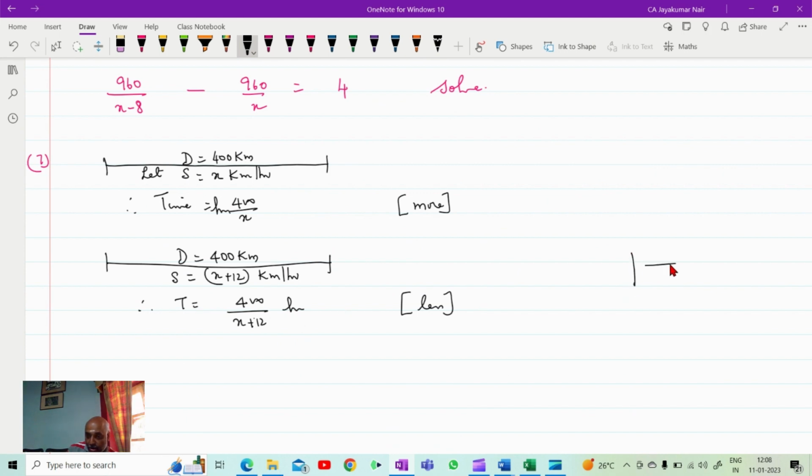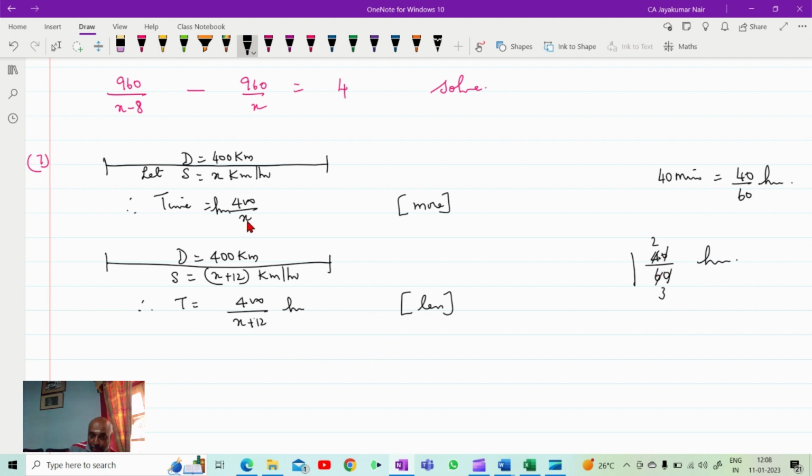So 1 hour 40 minutes, we have to convert this into hours. So 40 minutes, how do you convert? 40 minutes is equal to 40 over 60 hours. So you reduce it to its lowest term. So in other words, it's 1 hour and 2 over 3 hours.